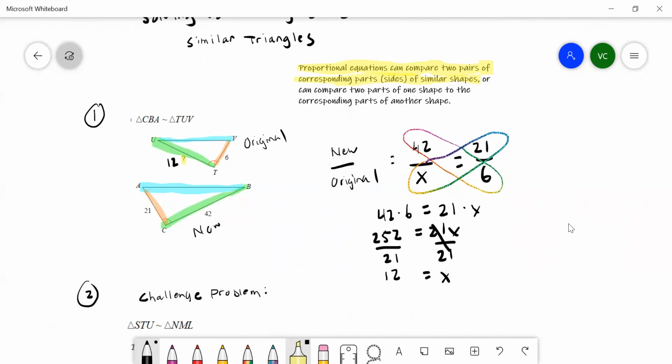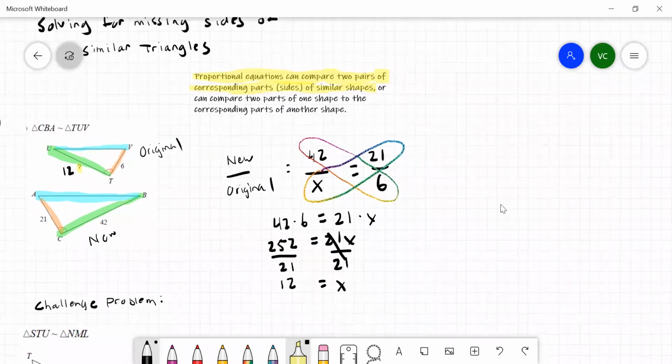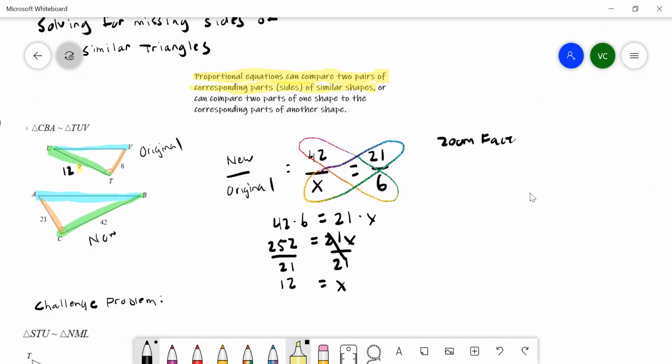Now this makes sense because we could find the zoom factor by dividing new over old. 42 divided by 12 is going to equal 3.5.